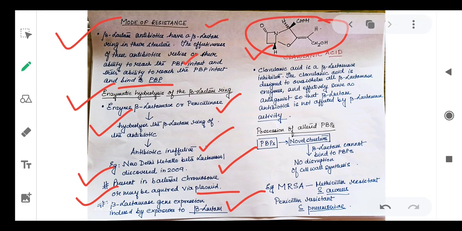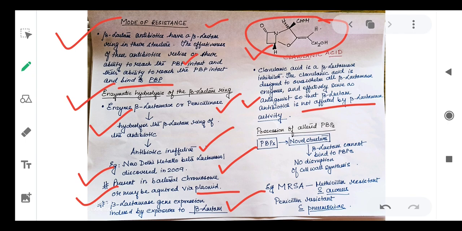It is designed in such a way to overwhelm the beta-lactamase enzyme, and thus it effectively serves as an antagonist, so that the beta-lactam antibiotic is not affected by beta-lactamase. The structure is such that it acts as an antagonist to the beta-lactamase and thus prevents the degradation of the beta-lactam ring, making the antibiotic fruitful to the patient.